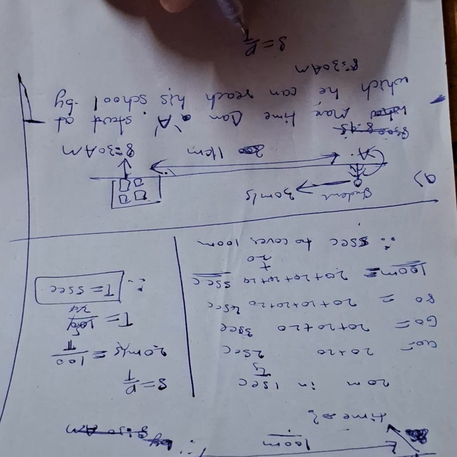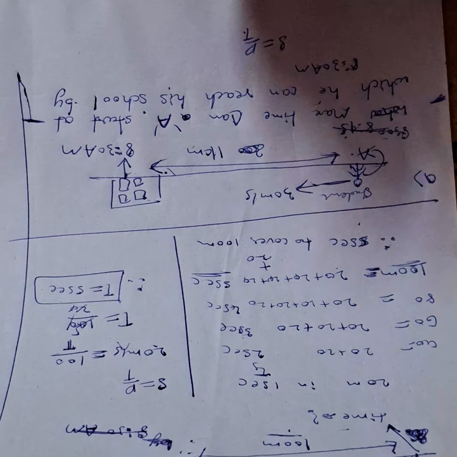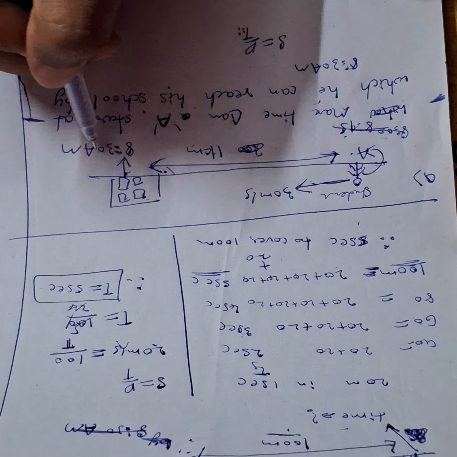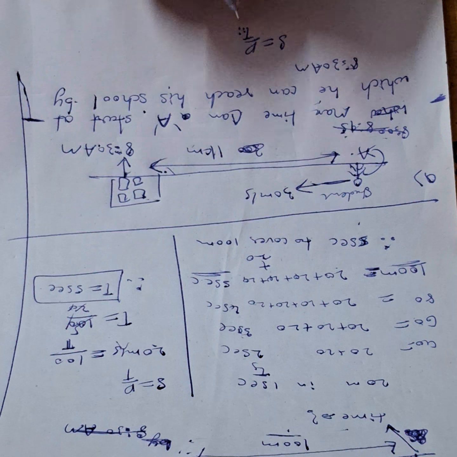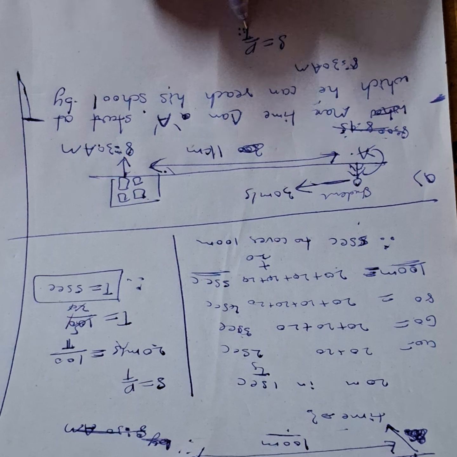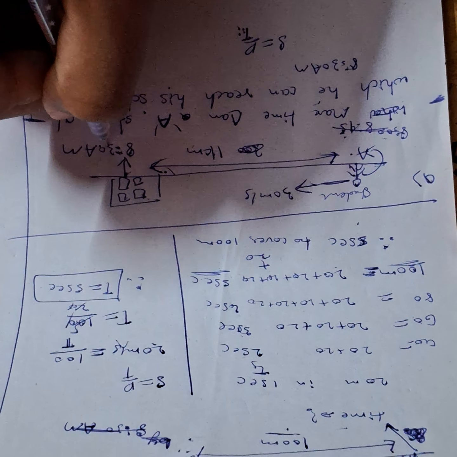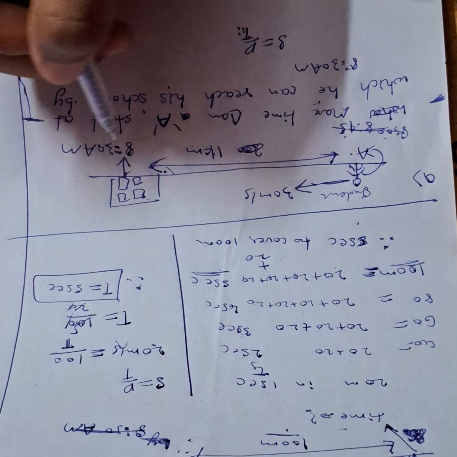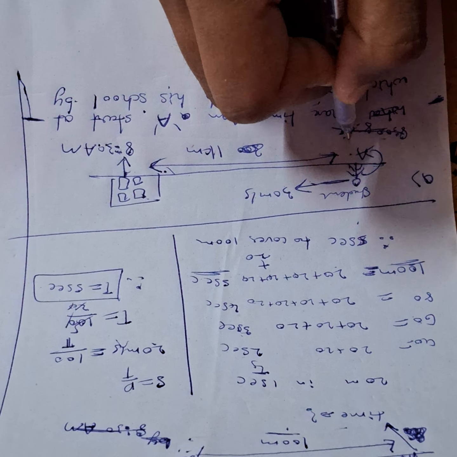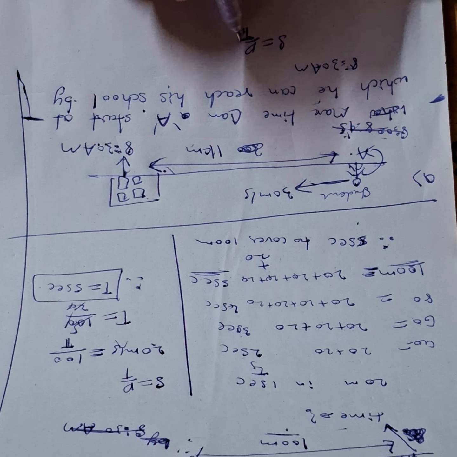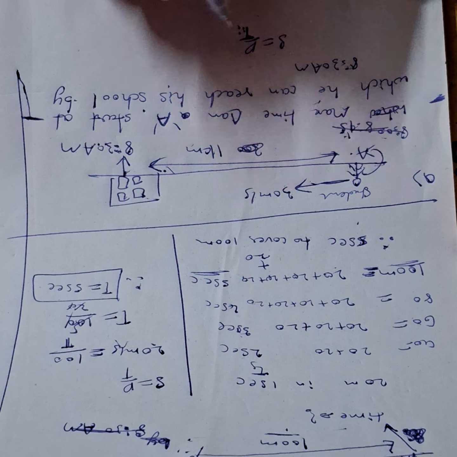We will get the time taken in seconds, and we have to convert it into minutes and subtract those minutes from 8:30. We will get the maximum time at which he can start from here so that he won't be late to the school. Okay, so let's find the time taken.